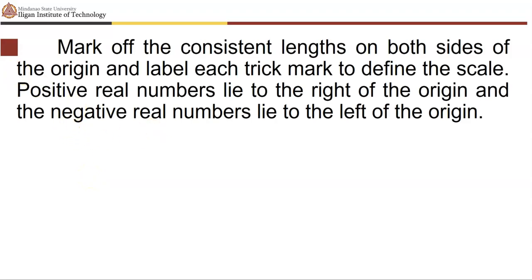So this is how we do it. First, we mark off consistent lengths on both sides of the origin, and then label each tick mark to define the scale. So positive real numbers are on the right of the origin and negative real numbers are on the left of the origin.